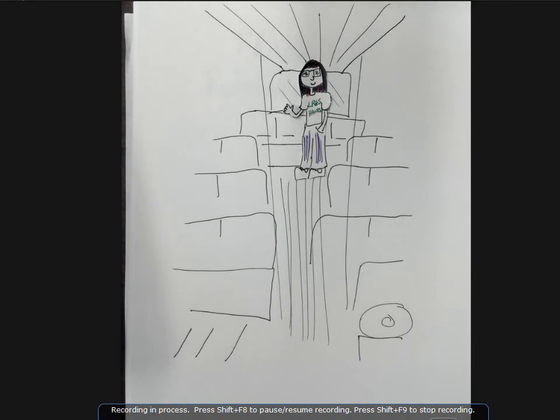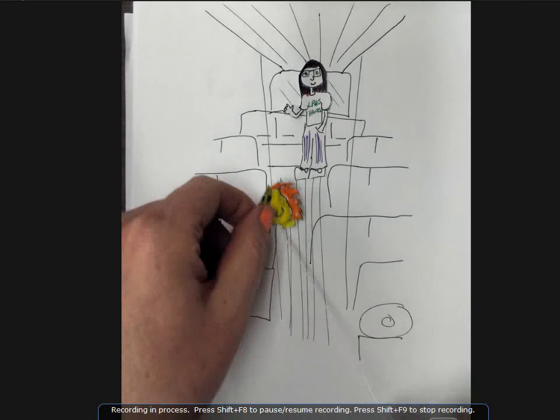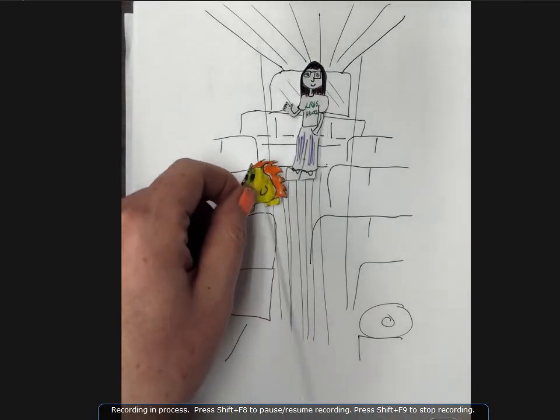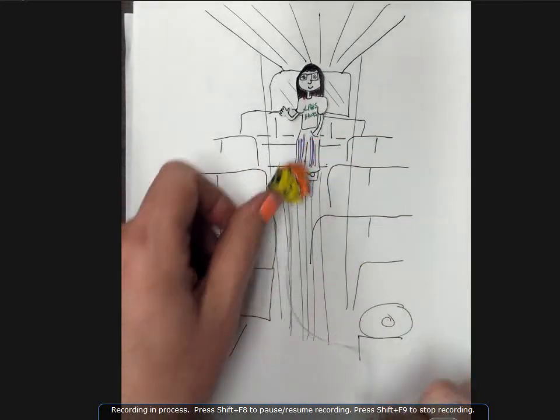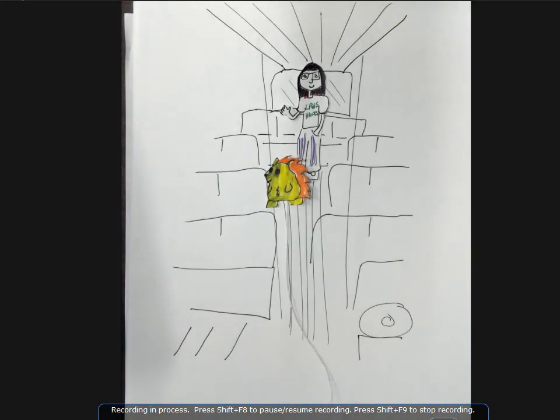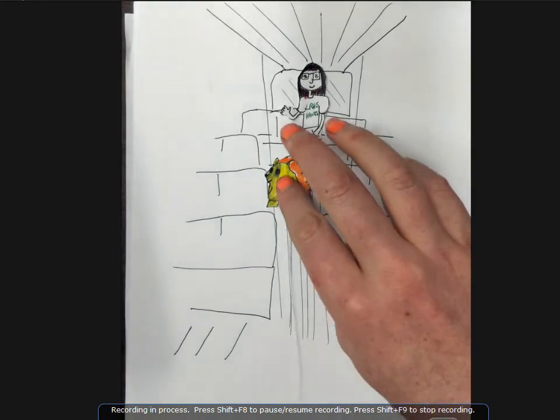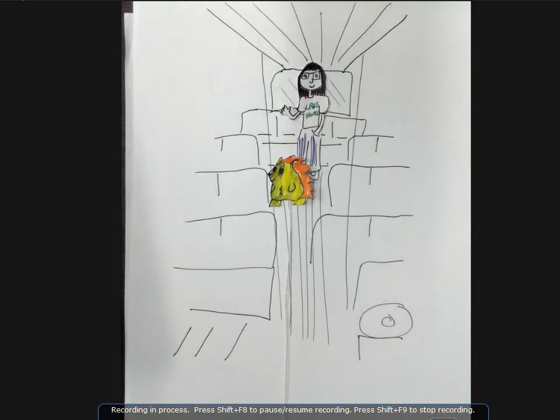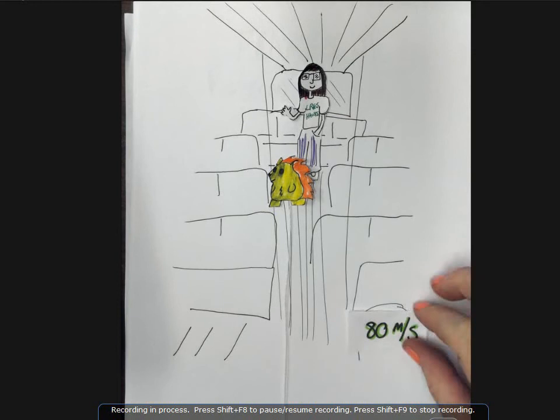But say, for example, you are riding on the bus with a random hedgehog. Here he is. Here's your random hedgehog. You and this random hedgehog are both hanging out. And even though the bus is traveling 80 meters per second, from your perspective, you're both motionless.